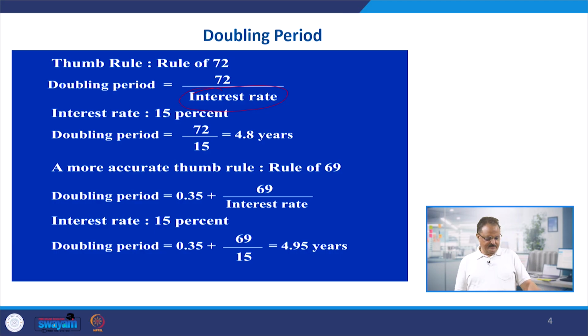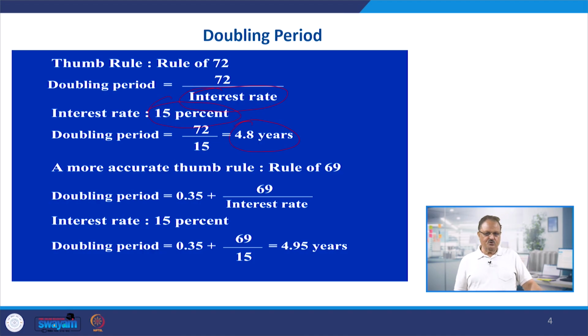For example, in this case we have assumed that the rate of return is 15%, right. If you divide 72 by 15, any investment which you make in the venture where the rate of return is 15% is going to double in 4.8 years, close to 5 years.